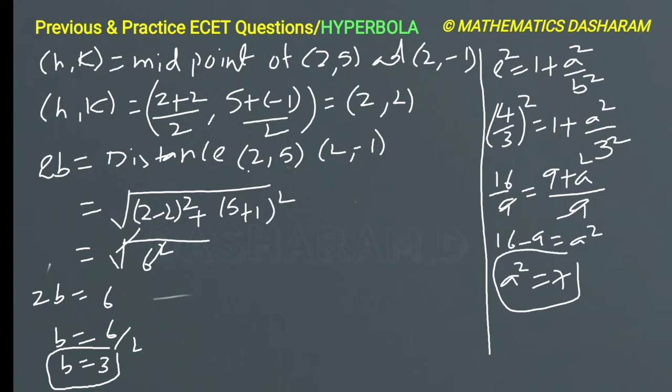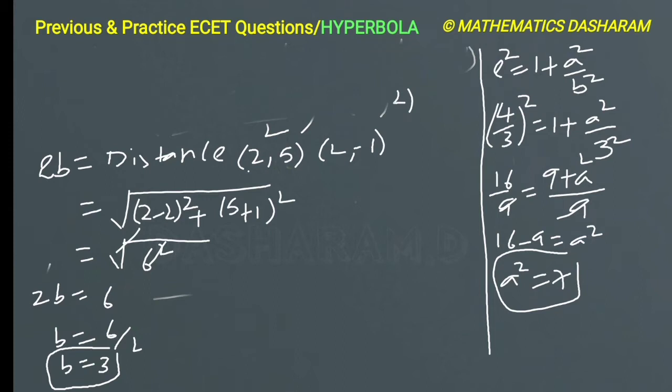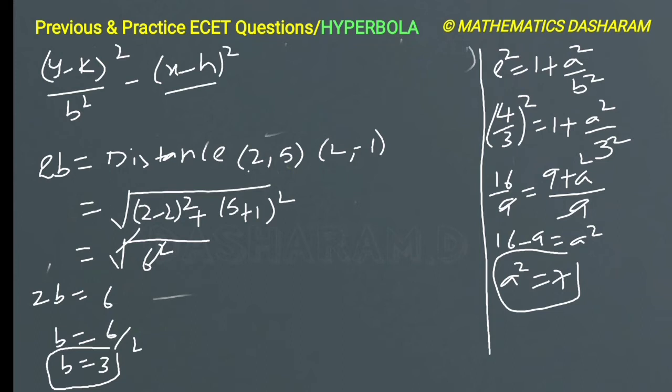Now let's find our required answer. So what is the standard form? Here (h, k) is (2, 2). So (y - k) whole square divided by b square minus (x - h) whole square divided by a square equals 1.